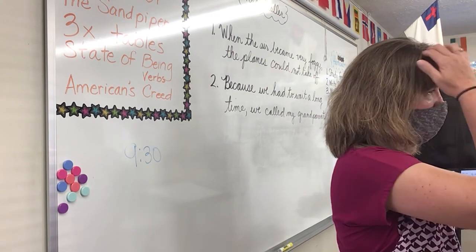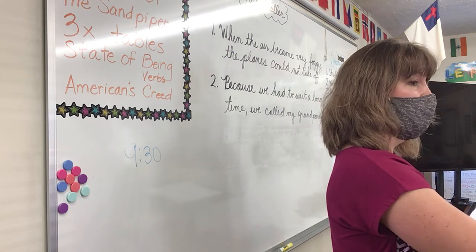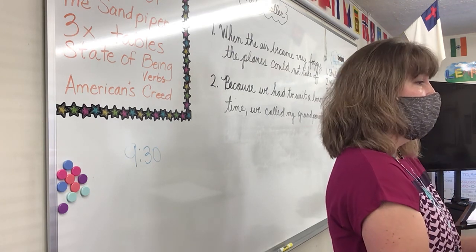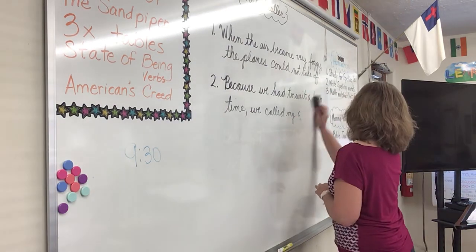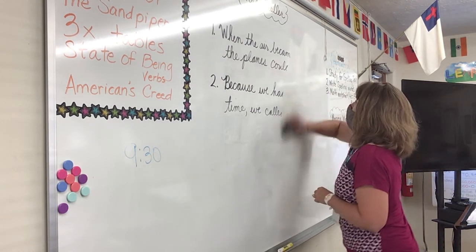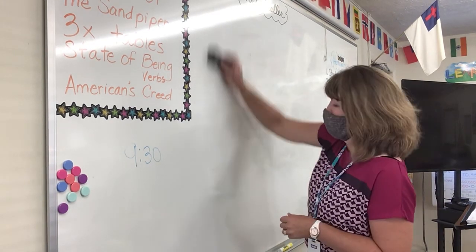So since you have your language folder out already, get out your journal, and I want you to write down our introductory words that we talked about today. Turn to the next page in your journal.